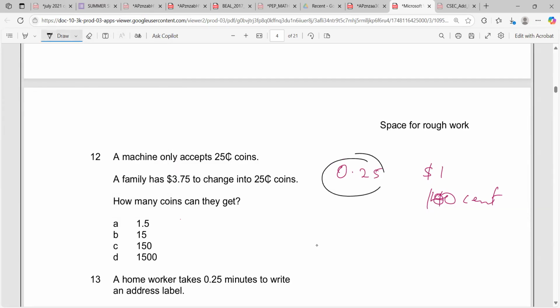So you can say 3 times 4 for the first part, which is 12. And then for 0.75, you're going to have 0.25 plus 0.25, 3 more, right? So that would have been 15, 25 cents coins.